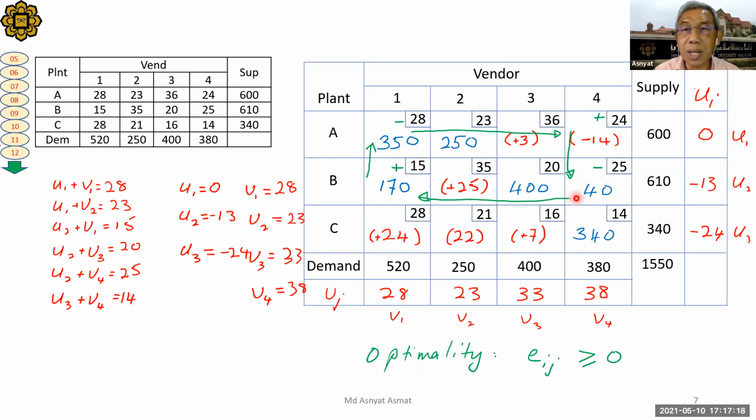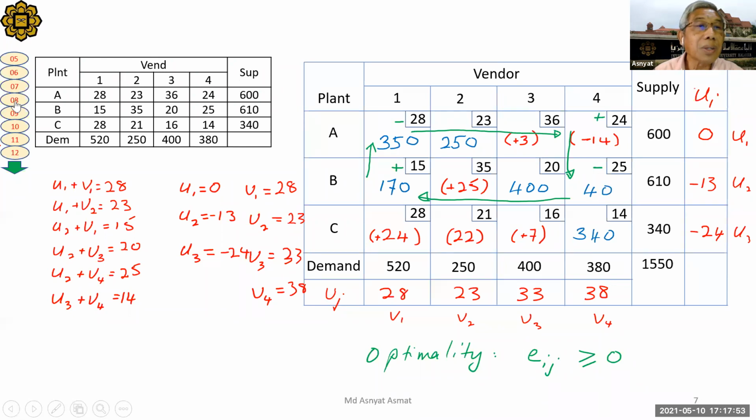We are going to take 40 from 40, add 40 to 170, take 40 from 350, add 40 to nothing. So we are going to put here 40, here nothing. Okay, let's do it.